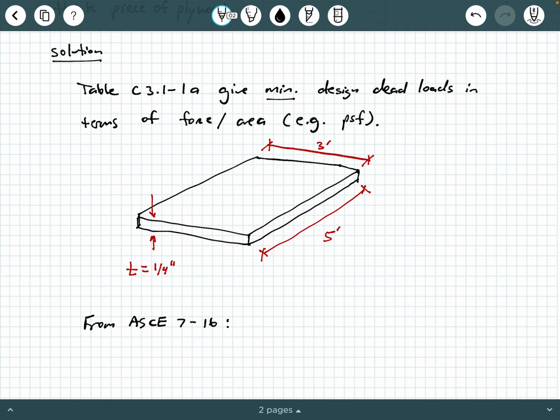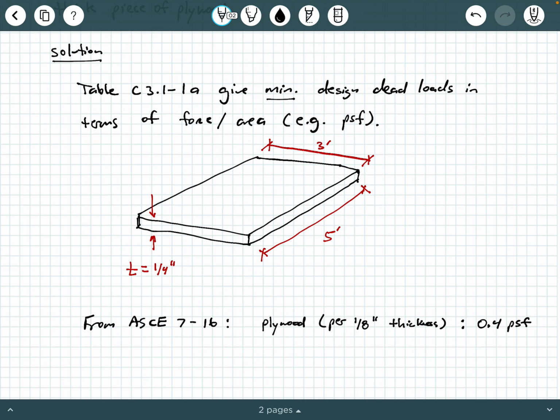According to this, it says plywood, and in parentheses, per 1/8 inch thickness, with a minimum design dead load of 0.4 PSF.